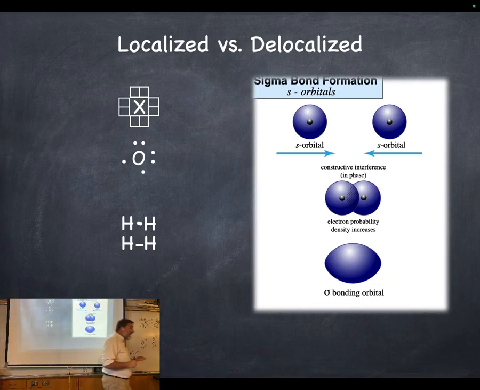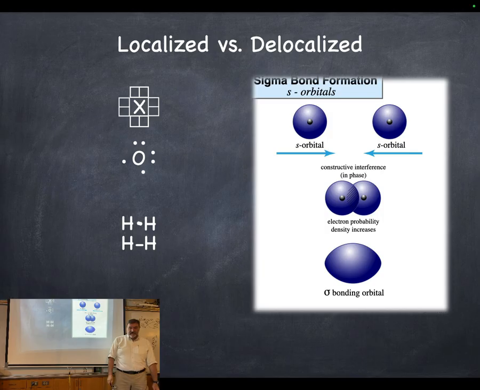But for first year chemistry, we can't do this. We don't have quantum mechanics. You don't have calculus. We focus on the model that we can apply. It works and tells us a lot of useful information. It does have limitations that we'll have to talk about. In this kind of thing, we are talking about overlap and changes in orbital structure, and we're not trying to say we know exactly where the electrons are.